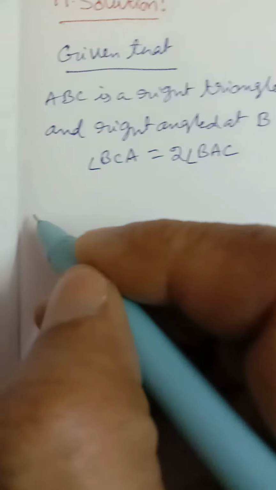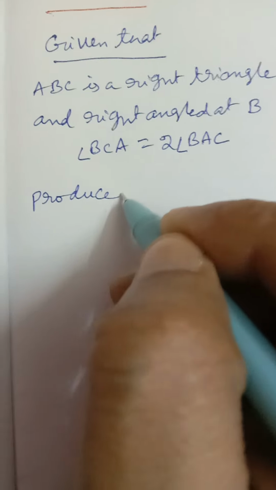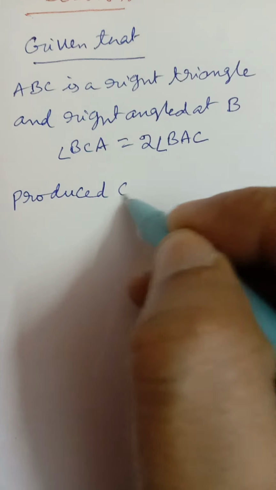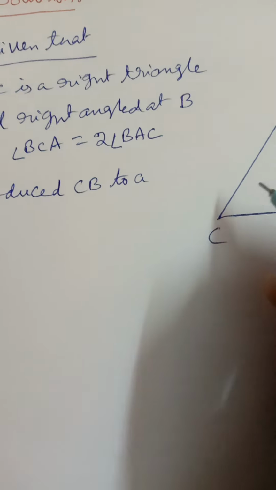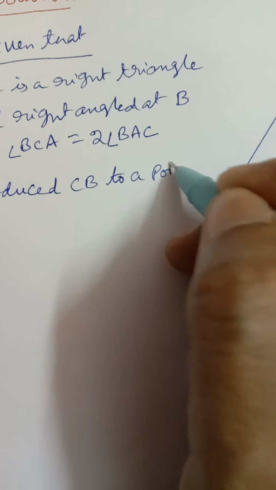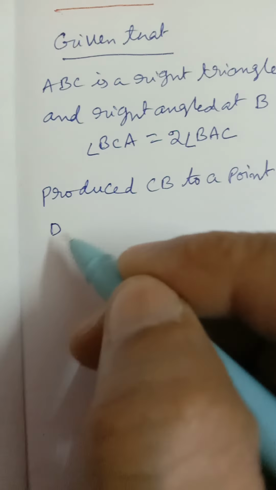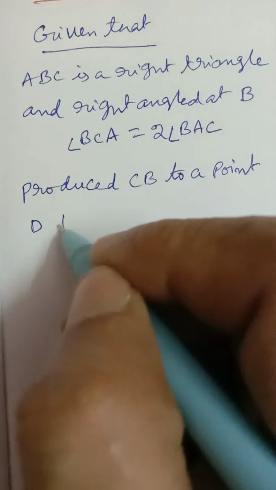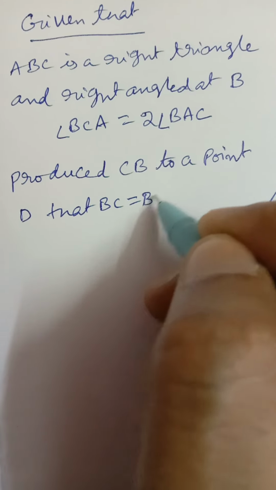Produce CB to a point D such that BC is equal to BD.